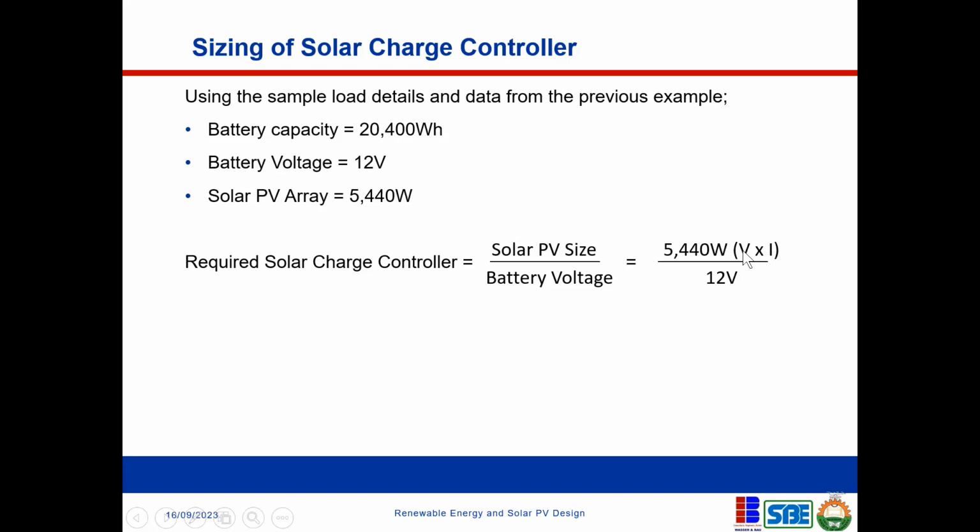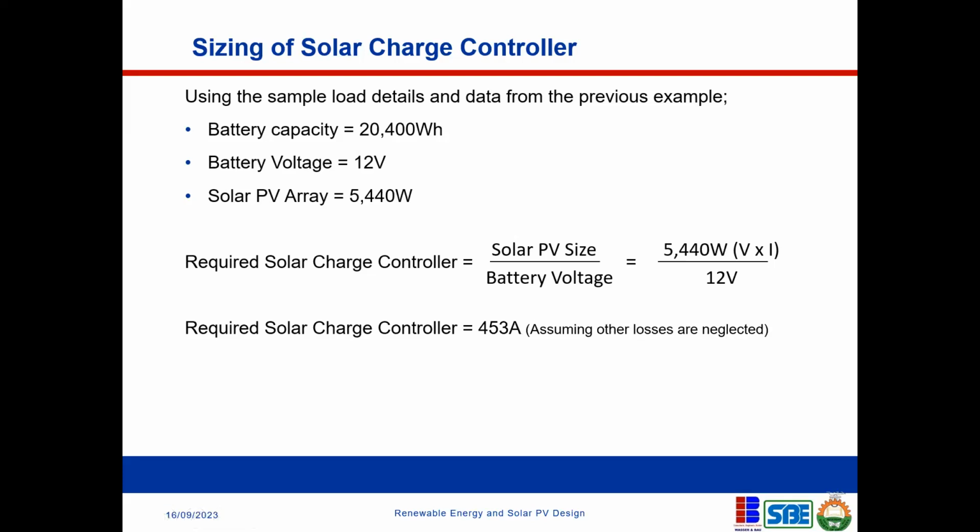If you open this wattage, it's voltage times current. So you're dividing by voltage. So if you cancel this voltage, you get current, so charge controllers are rated in amperage, which is the unit of current. Okay, so if you do this division, you will have 453 amps, assuming other losses are neglected.